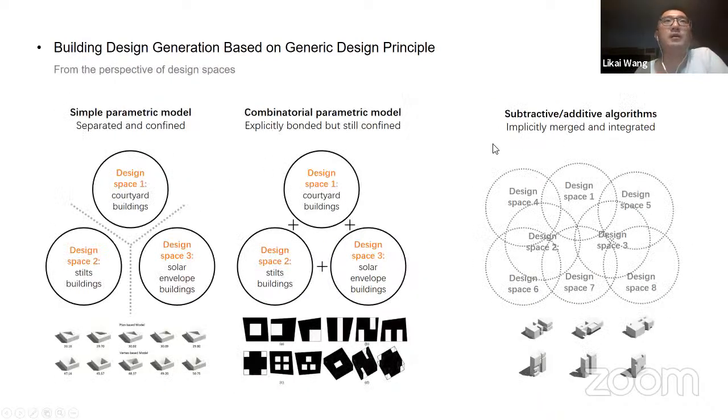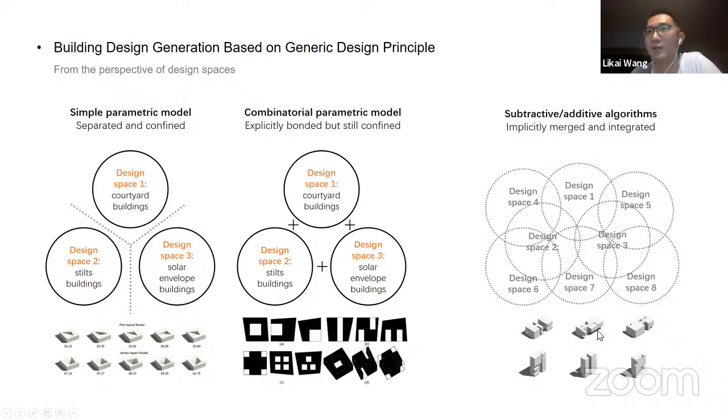So when we compare the subtractive and additive algorithms to the previous, conventional parametric modeling approach, we can find that because these two strategies describe the design solutions differently, they actually implicitly merge all these small design spaces into one large design space, which means that all these design solutions can be found in this design space.